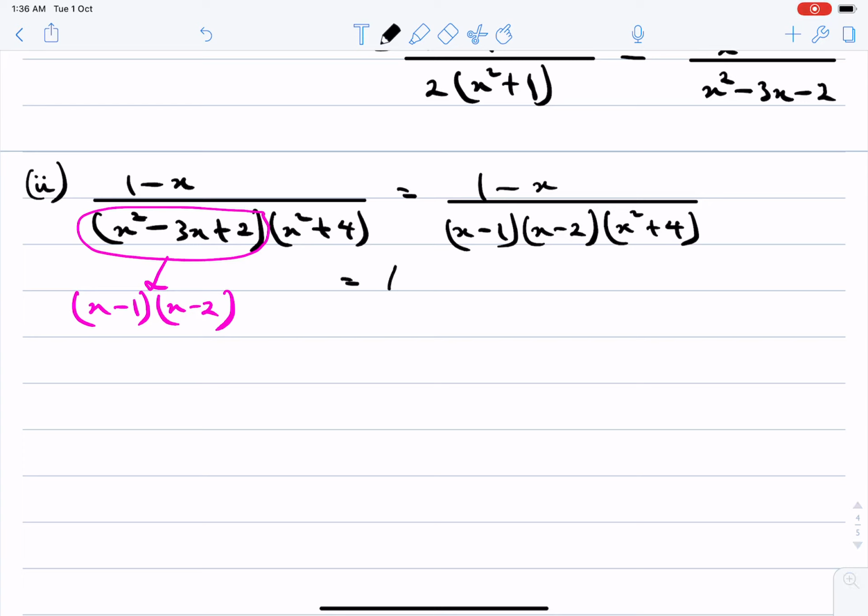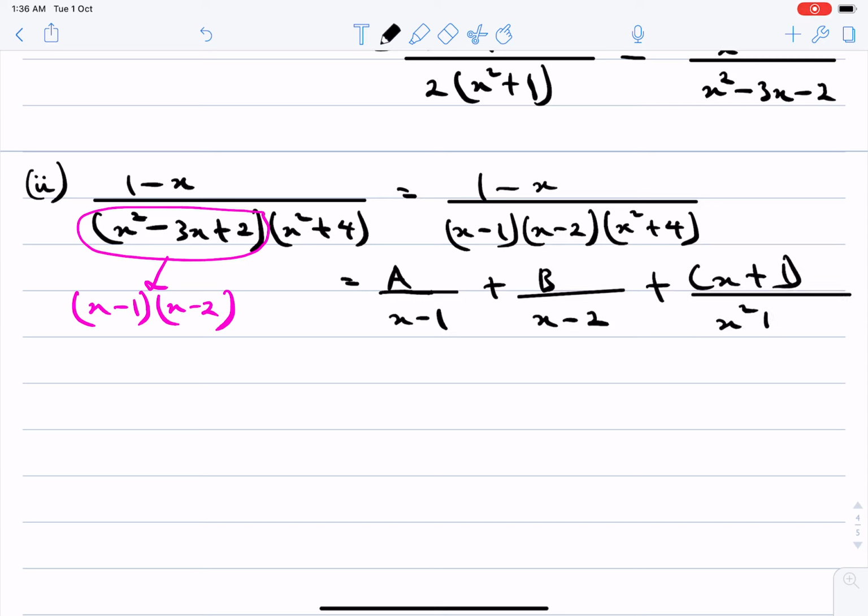That will be equal to a over x minus 1 plus b over x minus 2, and the numerator of x squared plus 4 is going to be cx plus d over x squared plus 4.